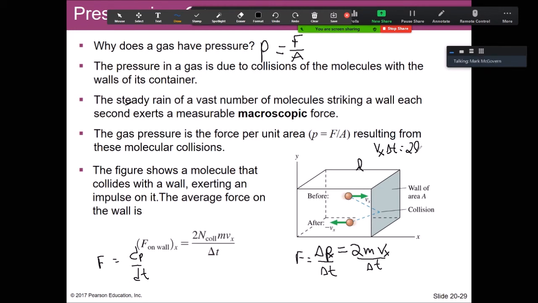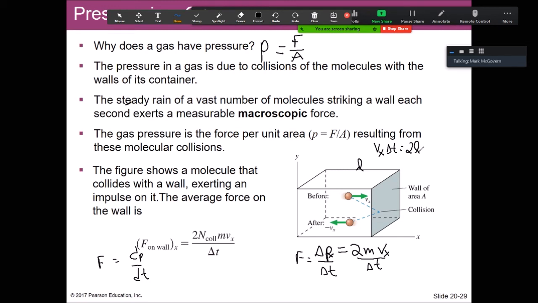Why 2L? Because the particle is going to travel across the box, hit the wall, and travel back. So in between collisions, the particle is traveling back and forth. That's the 2L in there.